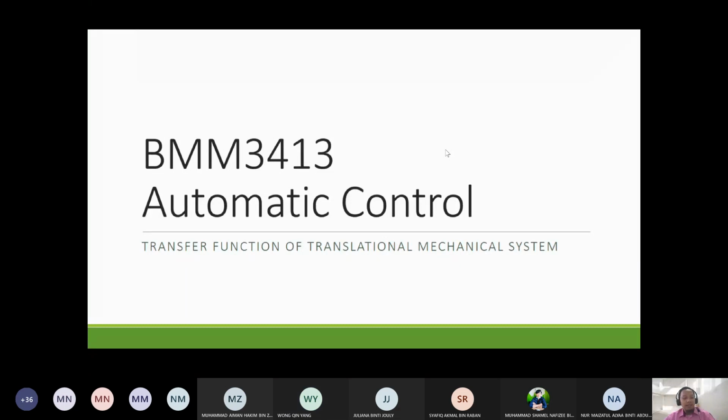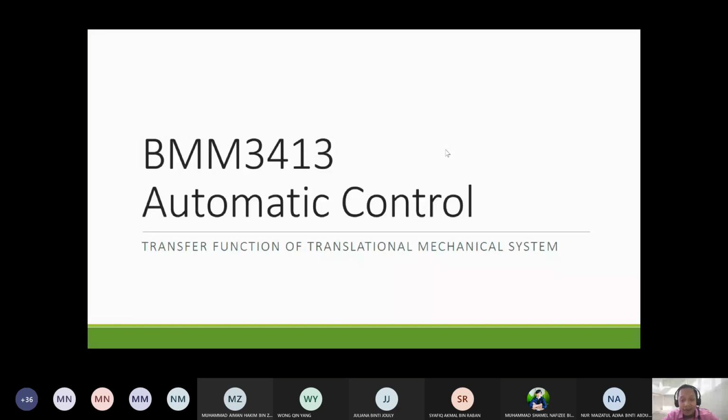Okay, thank you. All right, so today we will continue with our lectures. On Monday, we learned how to use Laplace transform, partial fraction expansion, and inverse Laplace transform. And today we will look at how we can derive the transfer function, which we learned about on Monday.